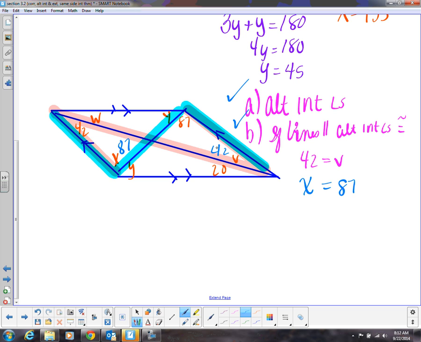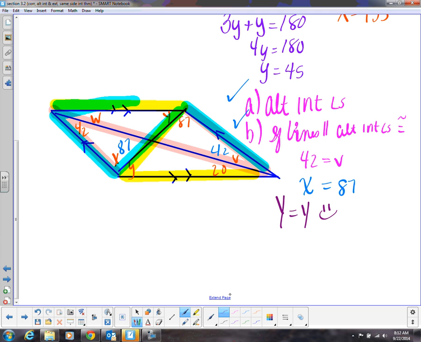Are there any other Z's we could form? Yeah. Okay, what if I come this way? Is that another Z? Okay, so I still have alternate interior. Lines are still parallel, and the alternate interior angles are congruent. So now this is a Y. Is that a Y? Yeah. And that's a Y. Well, that helps us a lot, doesn't it? We know Y is equal to Y. I'm glad we knew that.